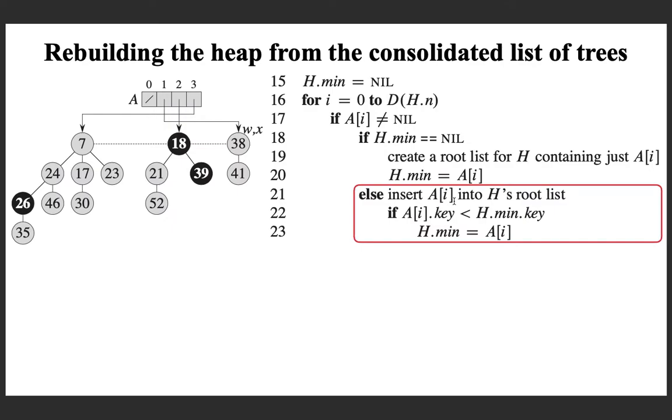Suppose its key value is less than the existing minimum key value, then you say that, okay, the new root is going to be the min, and that is what the algorithm is doing.